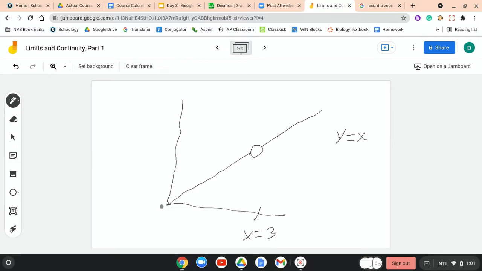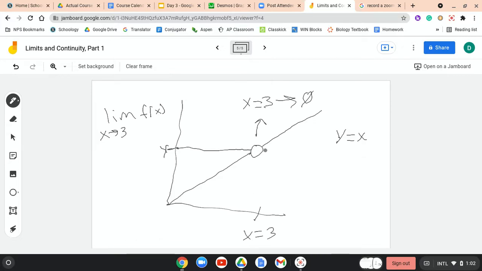Let's say we have the line y equals x, but we're going to make it undefined at x equals 3, meaning that at x equals 3 there is no output. There's a hole here. If I asked you what the limit of this function was as x goes to 3, we know that if it were defined, the height would be y equals 3.